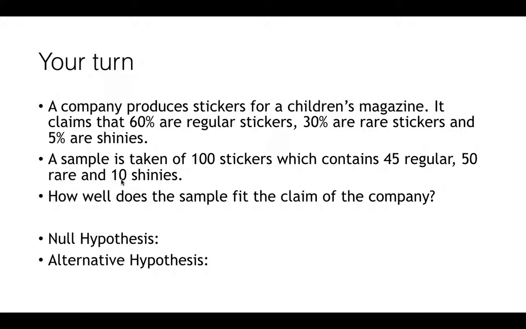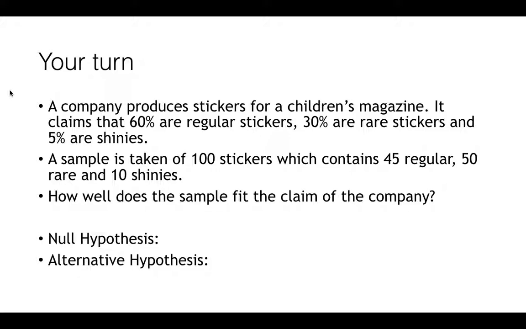The first two things you need to write are your null hypothesis and your alternative hypothesis. You're then going to set up tables exactly the way that I've shown you, and you're going to work through calculating your expected values, although not a lot of calculation is needed because look, here are your expected values.